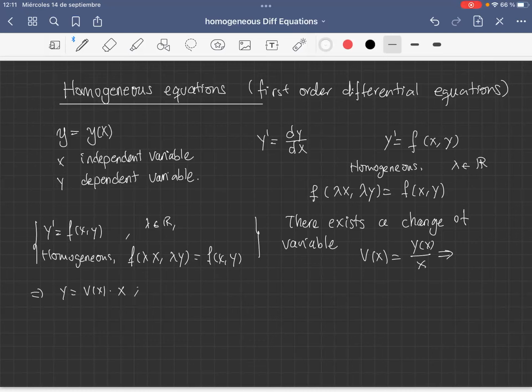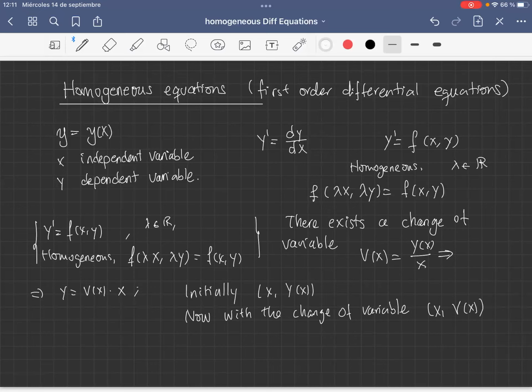So here, notice that initially we have an equation that is written in x and y as a function of x. And now, with the change of variable, we aim at reaching an equation that is going to be written in x and v as a function of x.